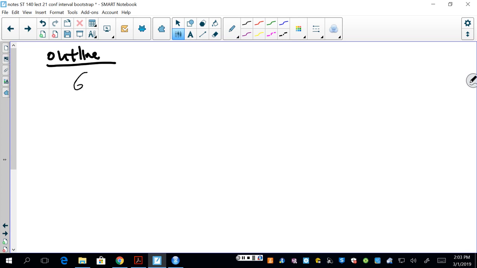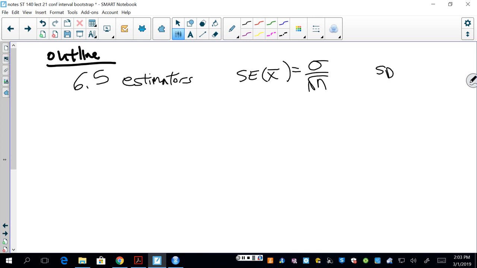So in this chapter 6.5, talking about what estimators are, functions of estimating, it gives you that the standard error of x bar should be used as sigma over square root of n as a formula. This is also a standard deviation of x bar in terms of probability. The special name we give it is standard error, but it's really the standard deviation under a sampling distribution, hence the connection to the probability.